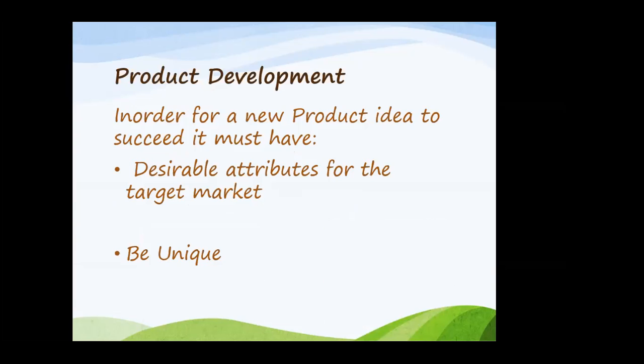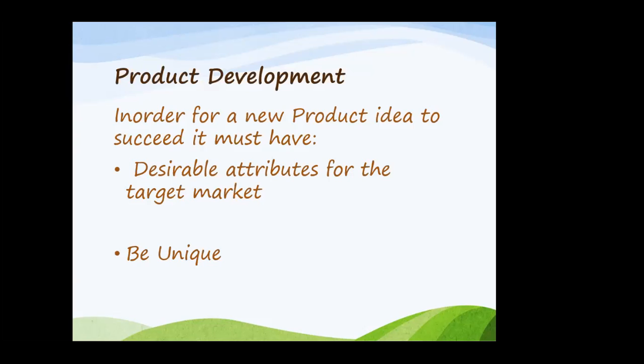Now, in order for a new product idea to succeed, it must have desirable attributes and it must be unique. If your new product doesn't have these characteristics, it is doomed to fail.